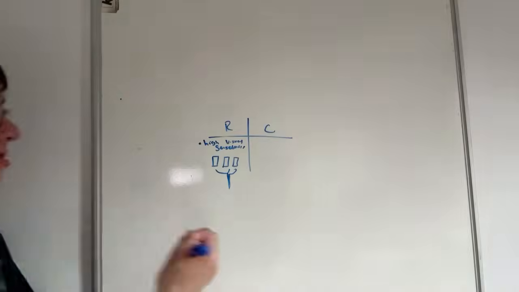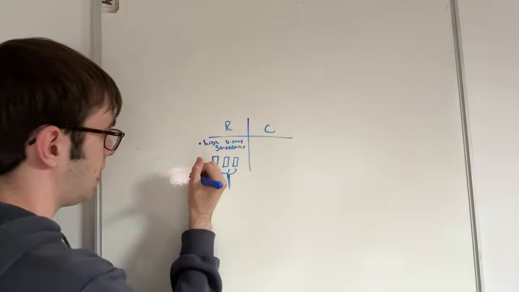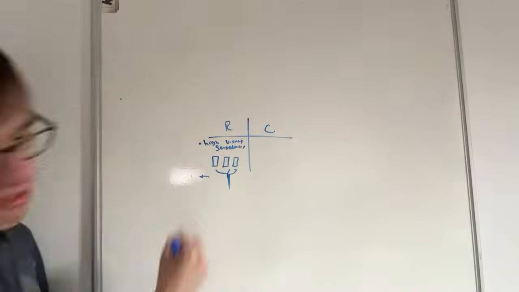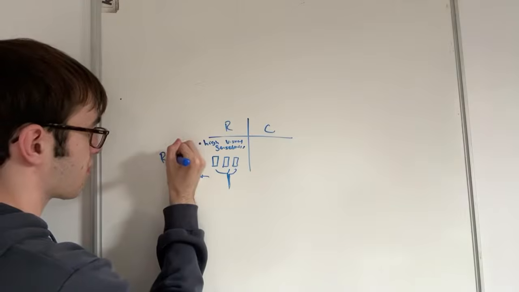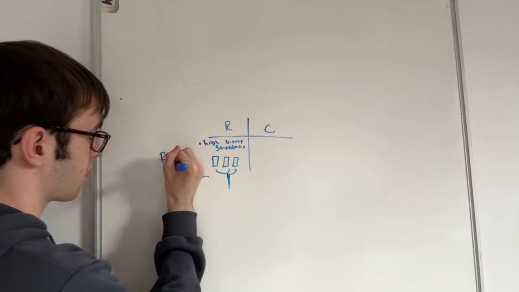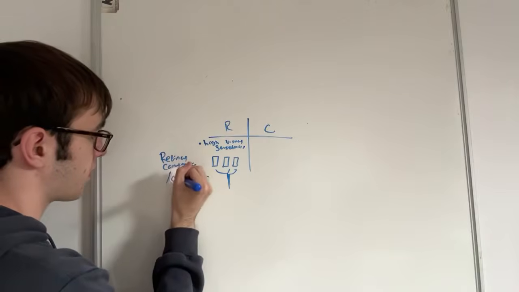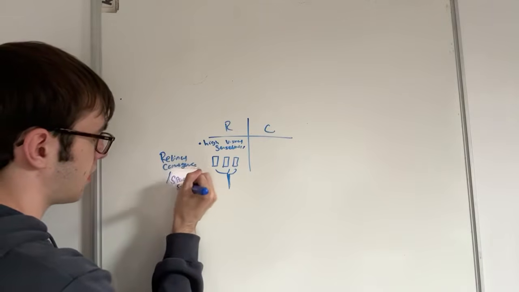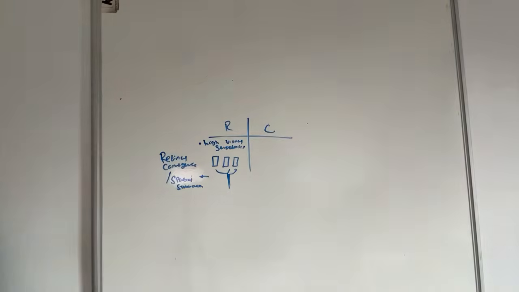Therefore, there is enough neurotransmitter to always reach the threshold. You can refer to this as retinal convergence, or you could just say spatial summation. Remember, there's spatial summation and temporal summation.